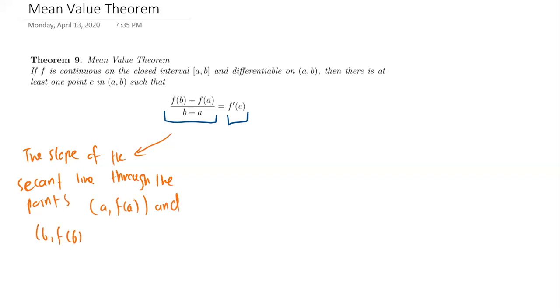I'll draw a picture of this in a moment, after I write this out. The left-hand side of the equality is the slope of the secant line through these two points. What's the right-hand side?